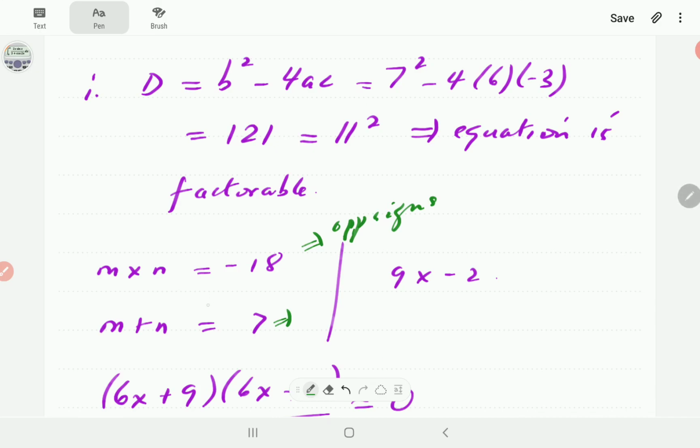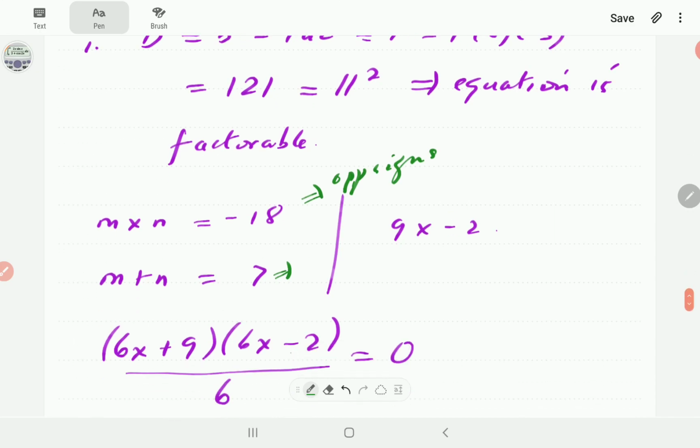So here, because these numbers are fairly manageable, we find those numbers are going to be 9 and negative 2. By the way, this sign here means implies. So that sign means implies. We're using it a lot.